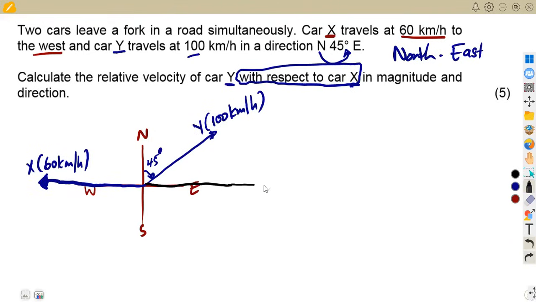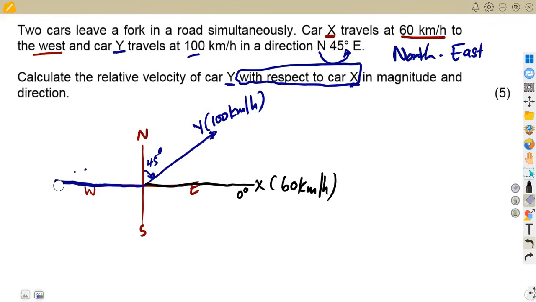So we're going to have our car X now in the east, at 60 kilometers per hour. Remember, in the east, the angle there is 0 degrees. We are no longer considering the X that we had before. It is now in the east.